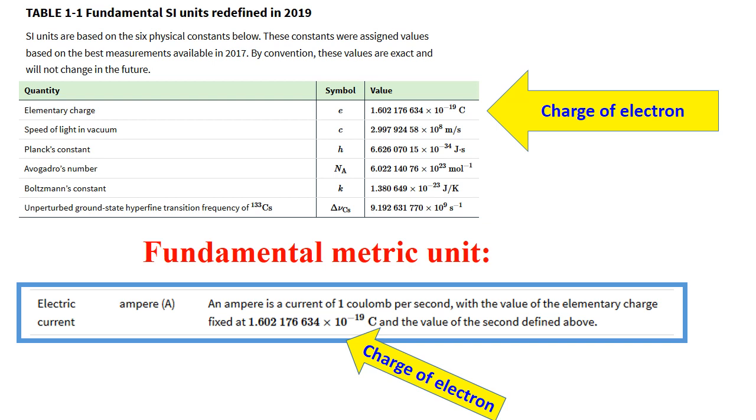One of them is the elementary charge, which is the charge of one electron. The unit of electric current, ampere, is the current of 1 coulomb per second with the value of elementary charge fixed, and the value of second is defined separately.